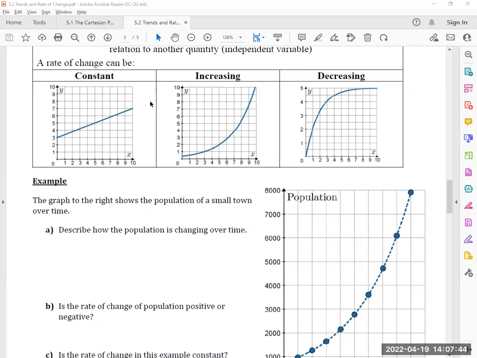How is it different from my first example? Increasing over time. In a simple way, your rate of change is changing. Does that make sense? How much it's changing is changing.